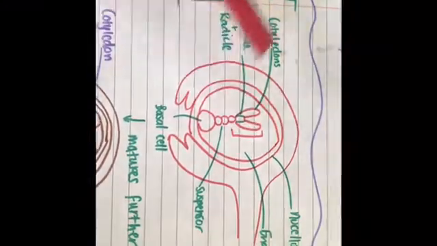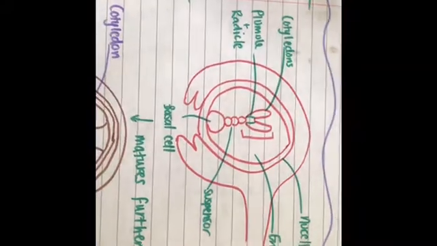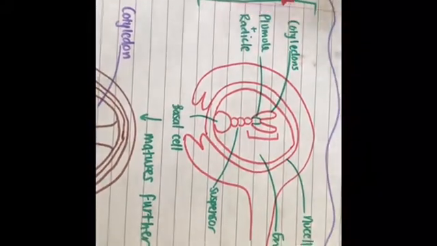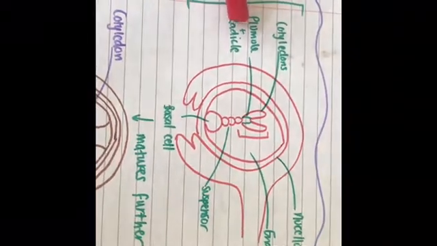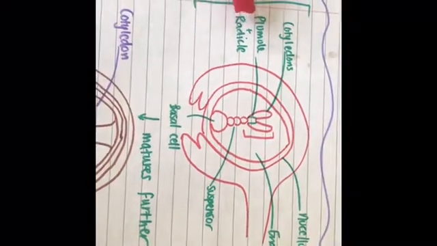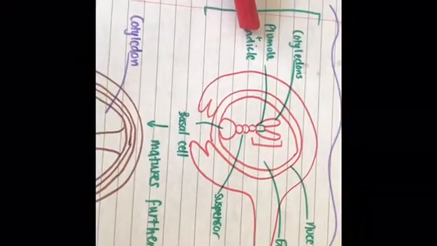So the embryo contains the 2 cotyledons or 1 cotyledon, as well as the plumule and the radicle. So the plumule is what's going to become the shoot of the plant. And the radicle, or for radicle and or for root, is going to be what becomes the root system of the plant.